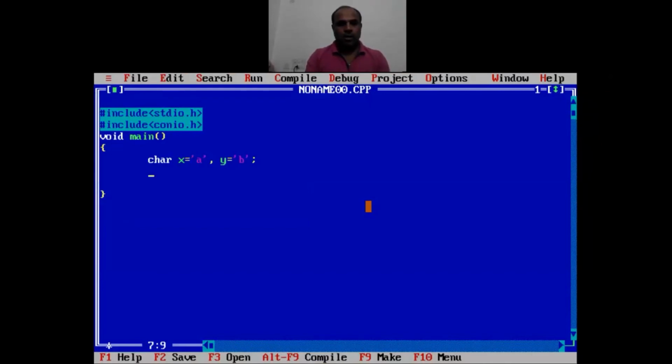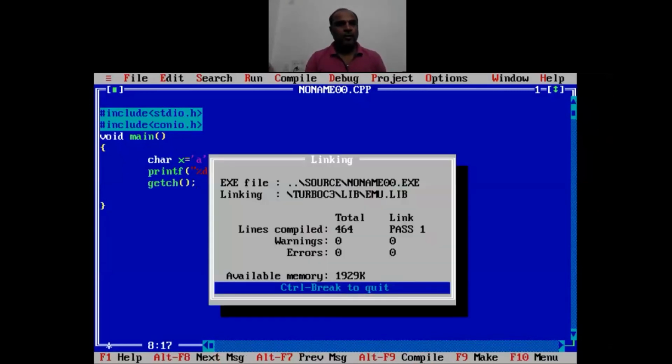And then we have to check printf %d x and y, right? This is what we need to test, right? Control F9.